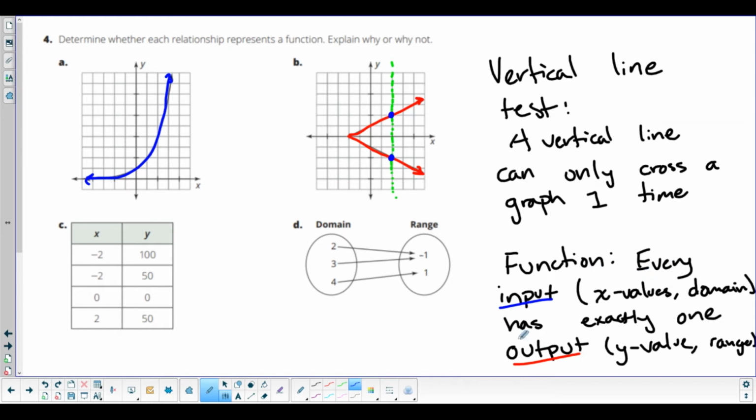That breaks the rule of a function. This is a single input with 2 outputs. And that would be my explain why or why not. You could say no, it's not a function, it fails the vertical line test. It has 2 outputs for 1 input.